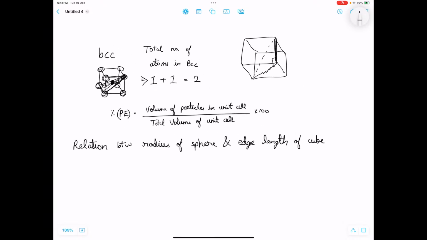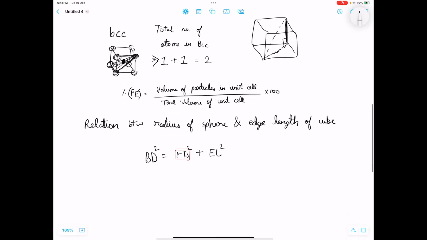So now by Pythagoras theorem, body diagonal square will be equal to face diagonal square plus edge length square.